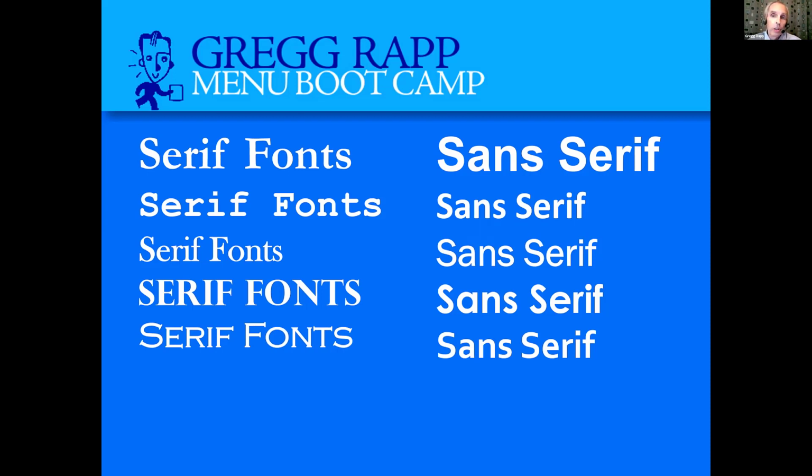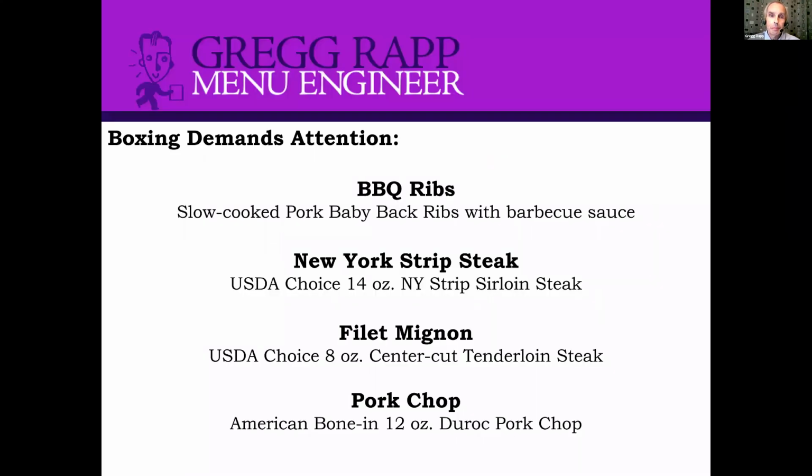Now, the reason you would use a sans serif typeface is because we're a hip, cool restaurant or a bar, meaning serifs seem to give you more of an old-fashioned look, but sans serif typefaces give you a newer, fresher look and more modern. So it says hip and cool. So if we're a hip and cool place, we want to use a sans serif typeface. Just understand the principles of it as you put your menu together.